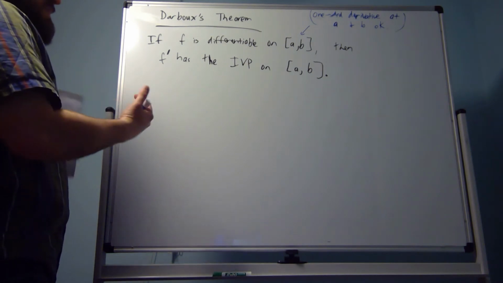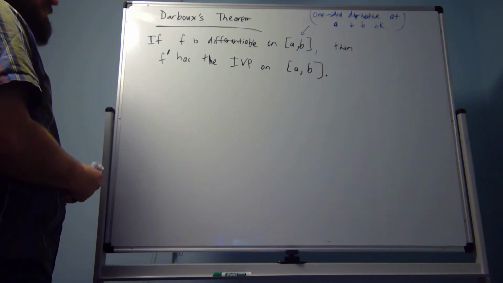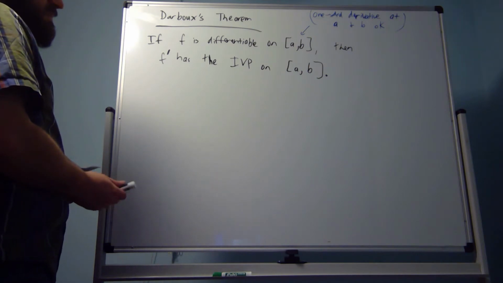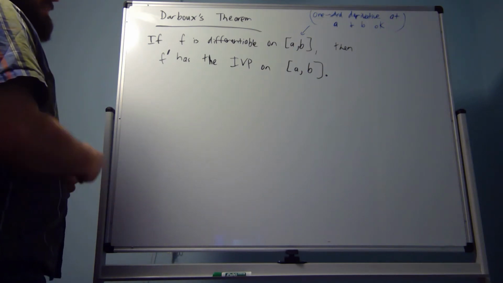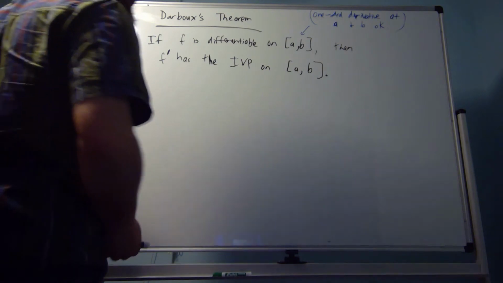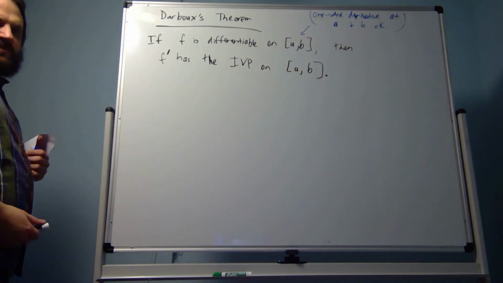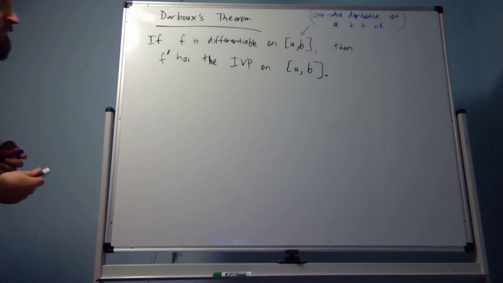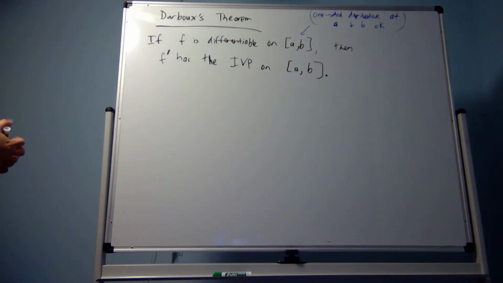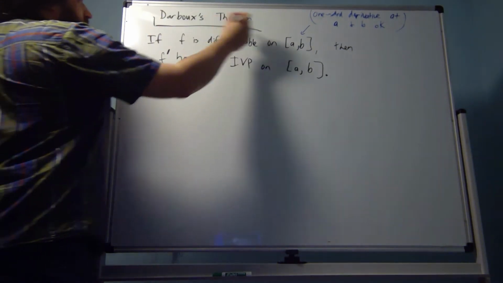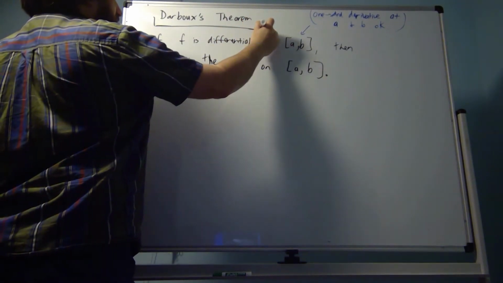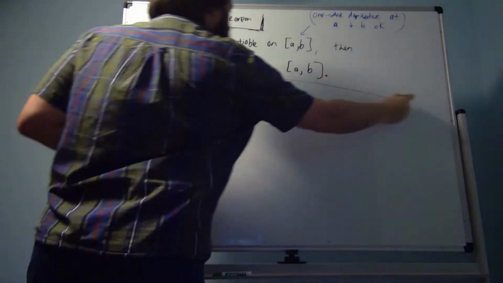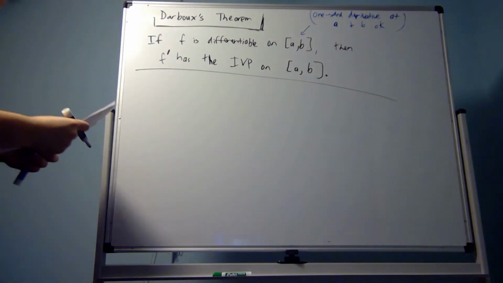And the same thing at b: you take the limit as x approaches b from the left of the difference quotient. If those one-sided limits at the endpoints exist, similar to how one-sided continuity would be defined, then that's good enough to guarantee that Darboux's theorem is satisfied.